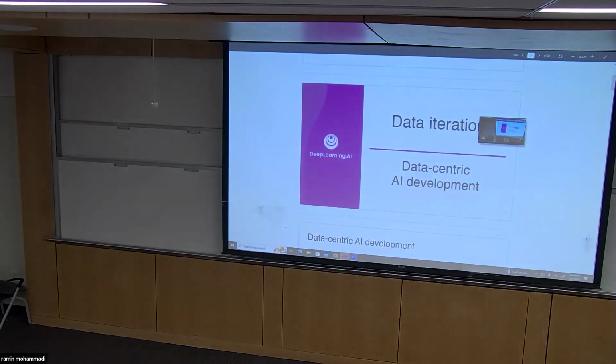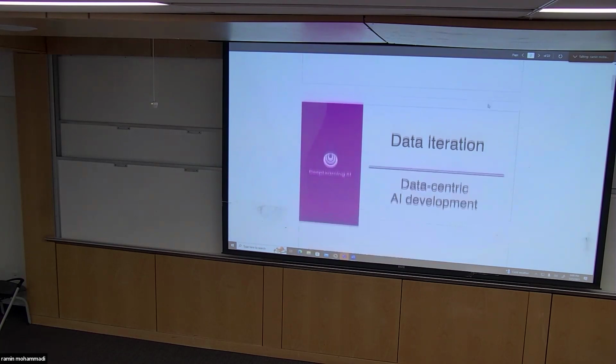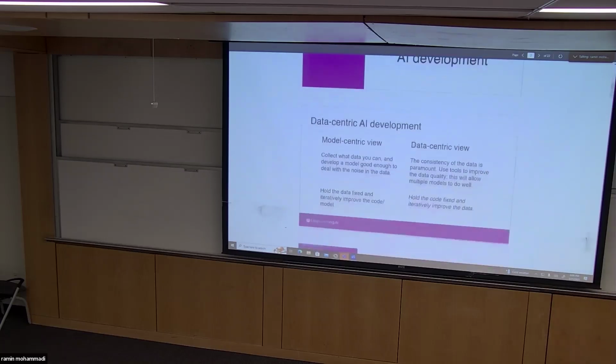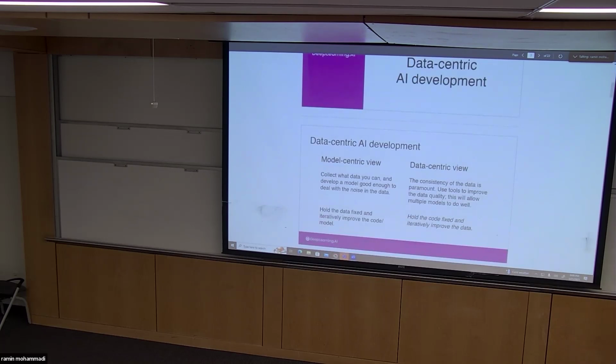All right. So we are going to start with the data iteration, and the first thing we are going to talk about is data-centric AI development. There are two views in AI or ML development: model-centric view and data-centric view.